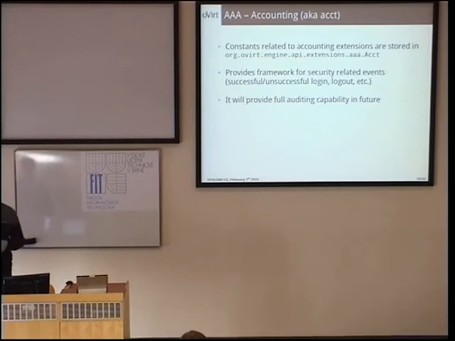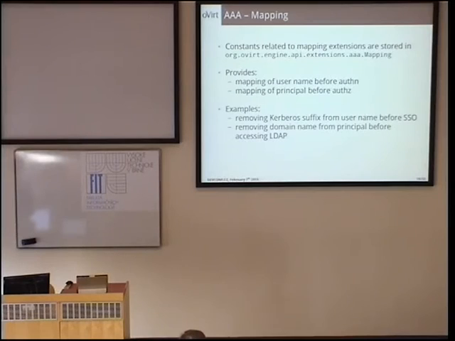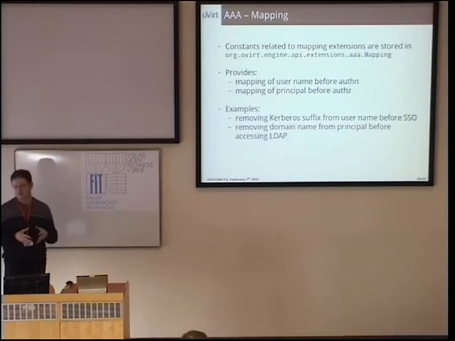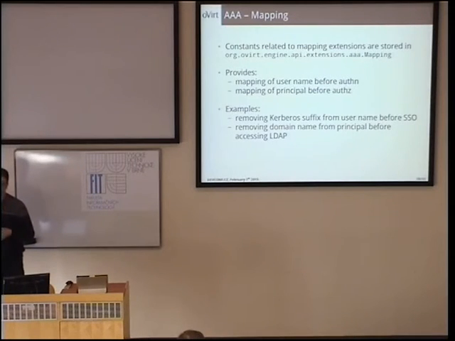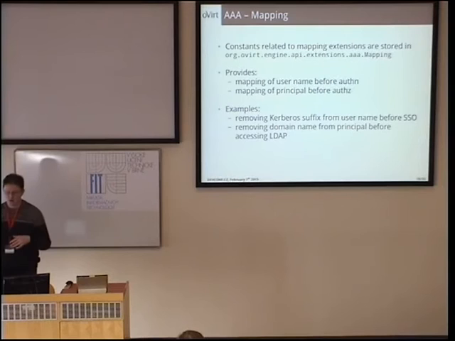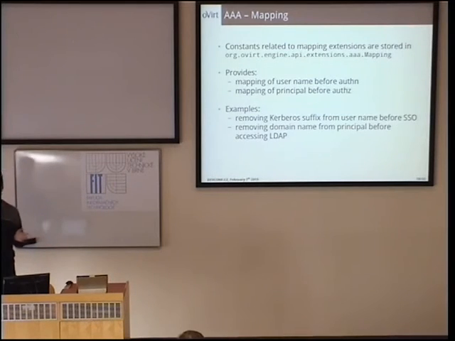Okay, so if we move on, the other feature that we provide is called mapping. It's used to somehow map or process authentication information before it is used. So, for example, we can use mapping of username before authentication or mapping of principal before authorization.